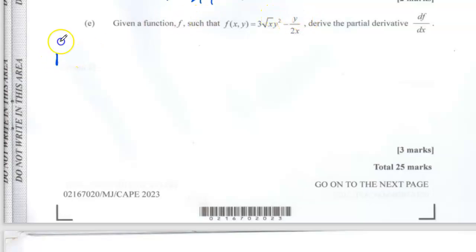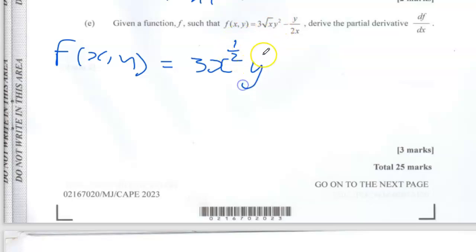So I'll write f of x, y again: 3 root x times y squared. Now root x can be written as x to the power of half. That's another expression for root x times y squared minus y over 2.